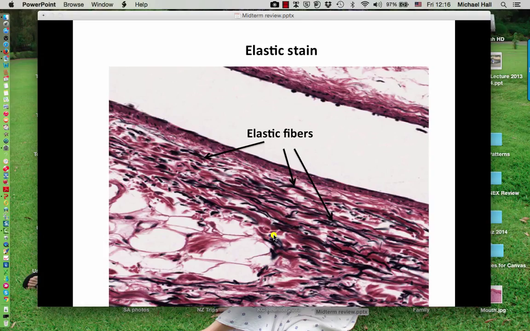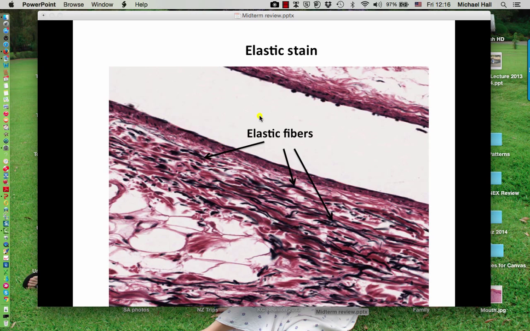And finally, the elastic stain is one that you should know and is very easy to recognize because it stains elastic fibers black and connective tissue a reddish pale pink color. And as you can see, there's also elastica in the lining of this blood vessel here.